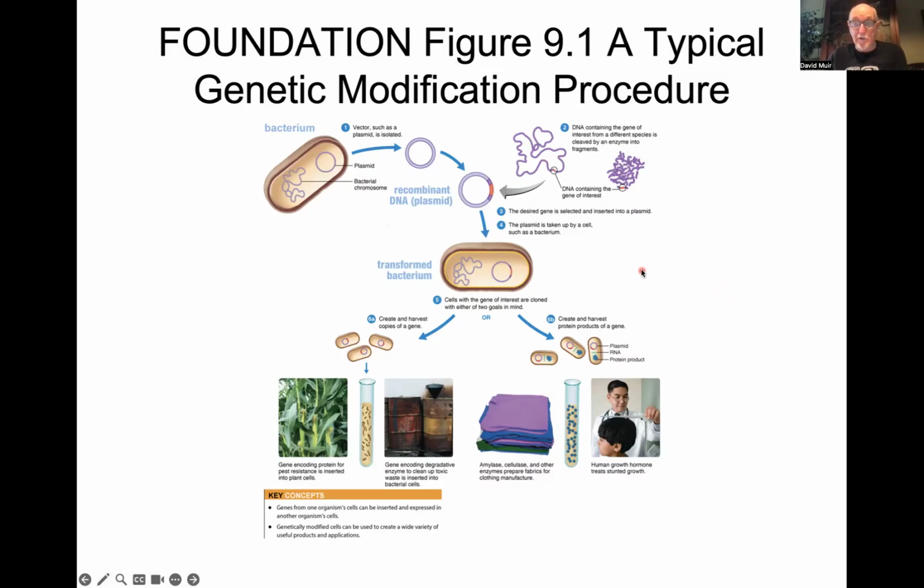Plasmids are replicating circlets of DNA, like very small chromosomes, and they often code for very useful products and properties like virulence or resistance to antibiotics and heavy metals. But they have some other properties which make them particularly attractive for biotechnology, as we'll see.